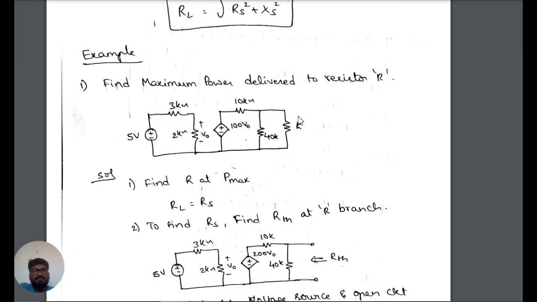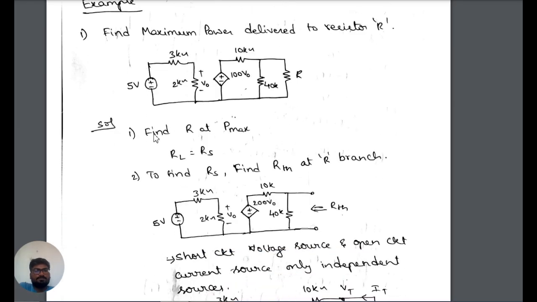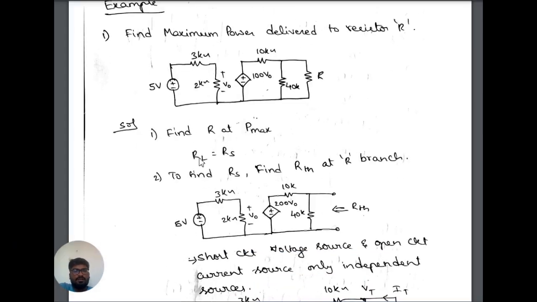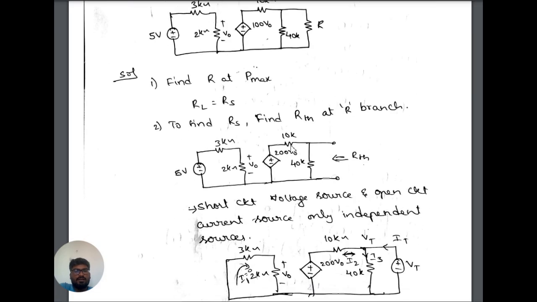First, to get the maximum power delivered, we need to make sure that the load resistance is equal to the source resistance. For that, at the point RL equals RS, we first need to find the RTH value across this point, which will be the source resistance.